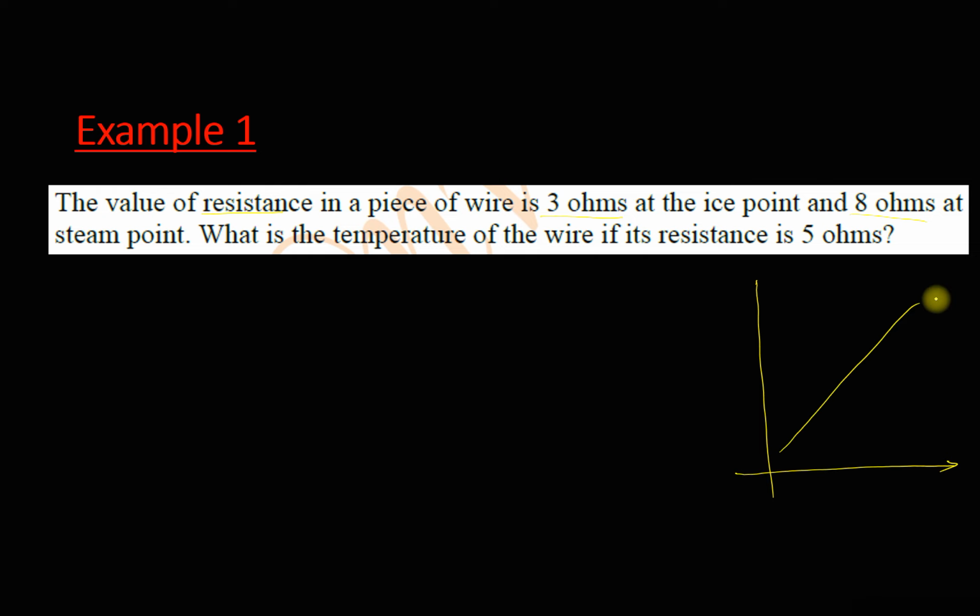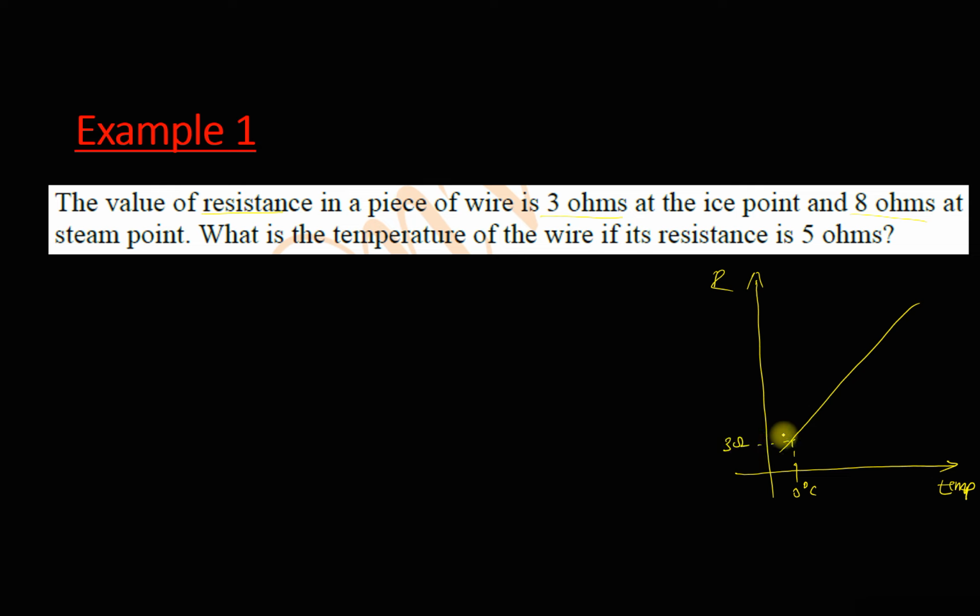So I will say this is resistance against temperature. So let's say the resistance in a piece of wire is 3 ohms at the ice point, so at 0 degrees Celsius, the resistance is 3 ohms.